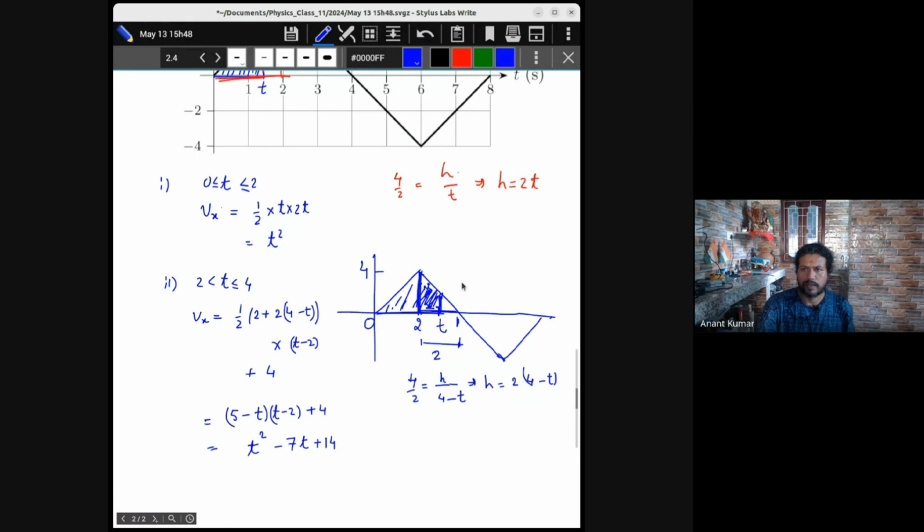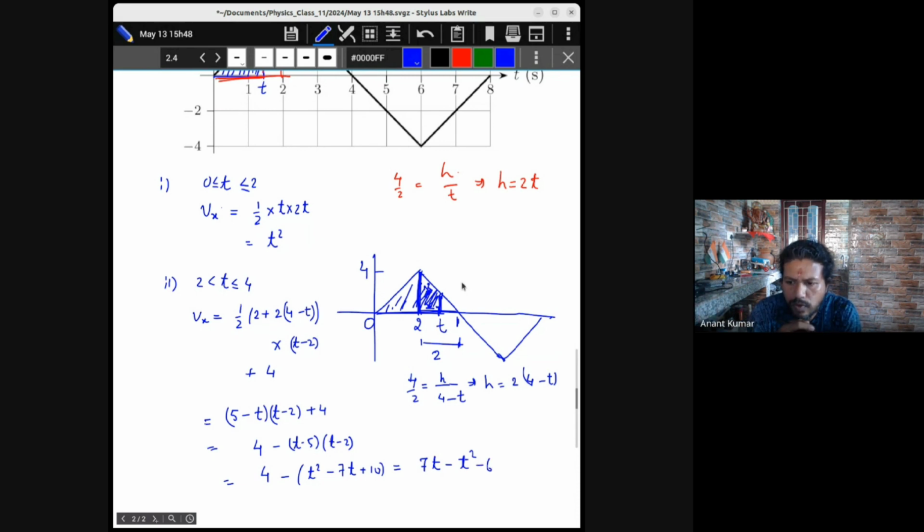Oh, sorry, I made a mistake there, because I can only take 4 minus t, minus 5 into t minus... So we end up getting 7t minus t square and minus 6. I hope that is correct.